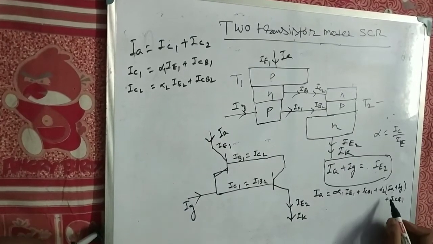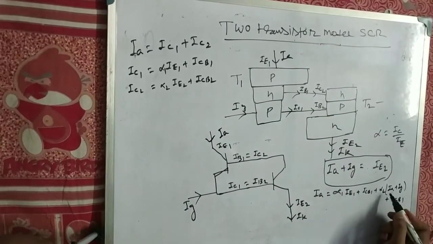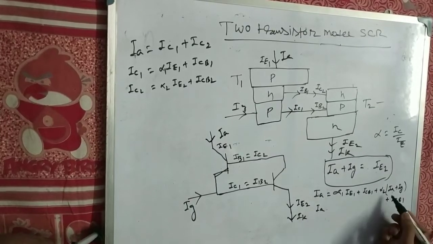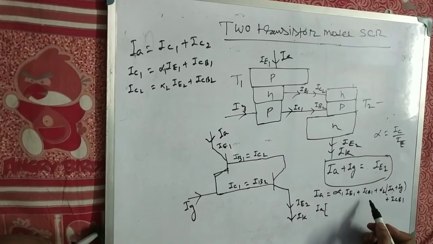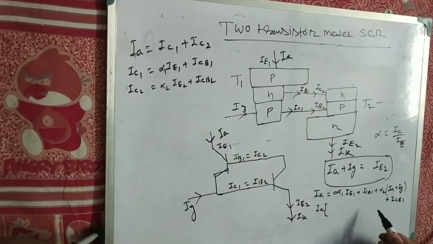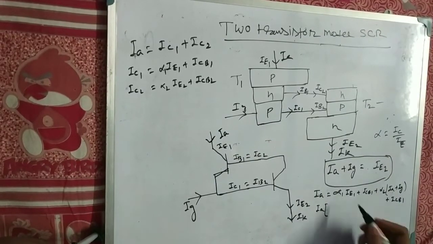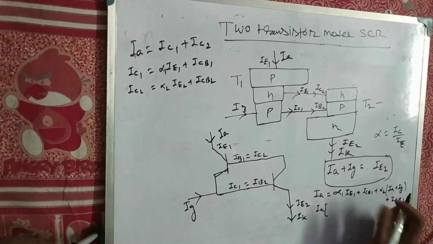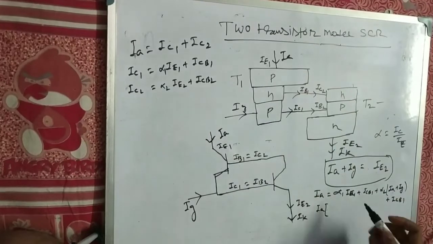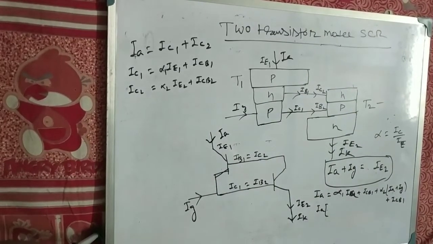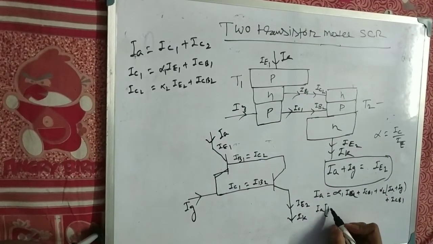Now we can write IA. I am rearranging the circuit here. So I will get IE1, also IA, because IE1 equal to IA, so I am directly writing this. So IA equal to 1 minus alpha 1 plus alpha 2.